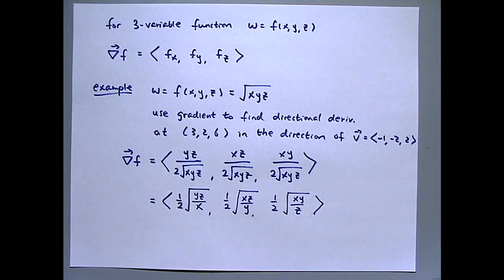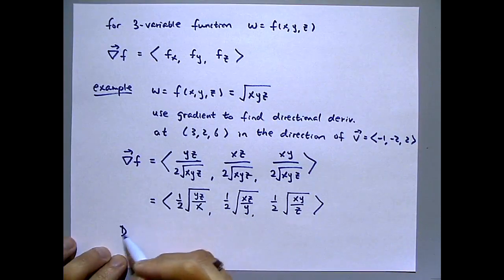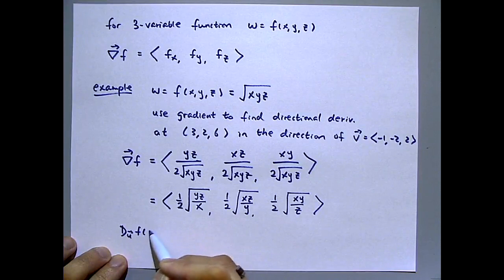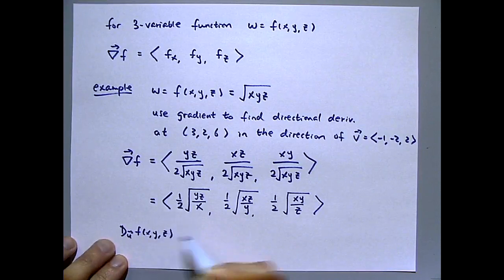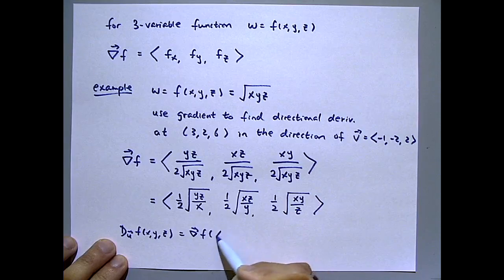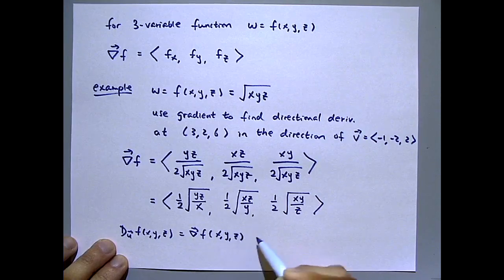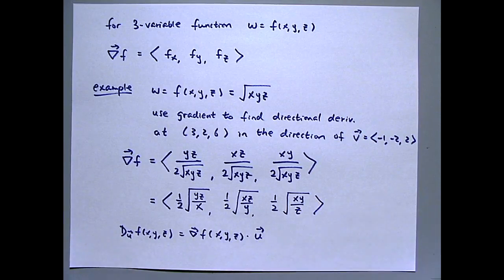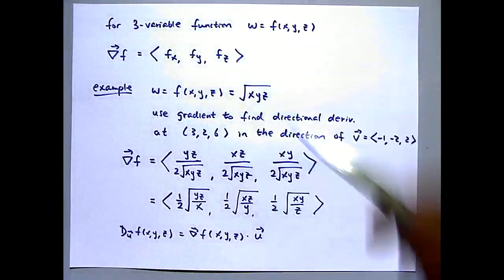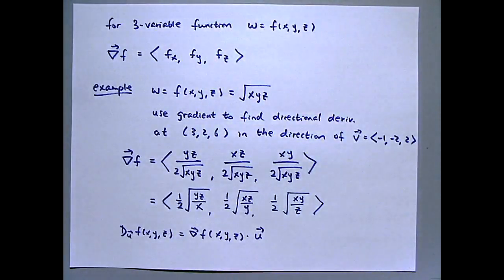Now remember the directional derivative for this case would be the gradient at whatever point we're looking at, dotted with u, the unit vector. So first we need to evaluate the gradient at this specific point, 3, 2, 6. We also need to find that unit vector u, because this v is clearly not a unit vector.